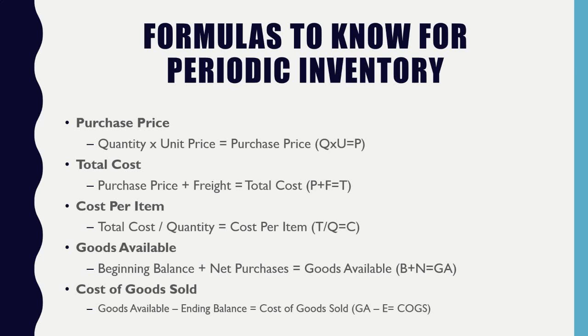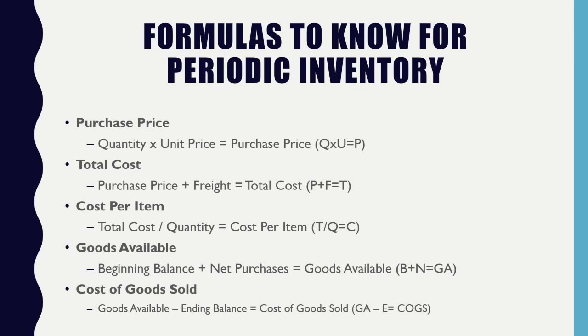In this case, the formulas are all going to be identical. The only difference is that as we fill out our table, everything's going to look exactly the same. The only difference is when we start calculating the cost of goods sold section, where we have to understand which batch came first and which batch came last.